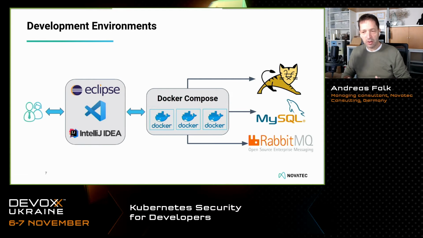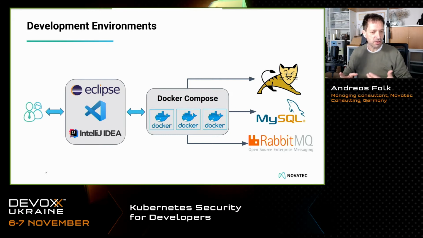And it's often difficult to set up all these components by yourself on your local machine, like setting up a MySQL database or RabbitMQ is time consuming. So often you will use what is called Docker Compose, where you can just start up several Docker containers at once, one for RabbitMQ, one for MySQL, one for Tomcat, and then your development environment is ready, set up.